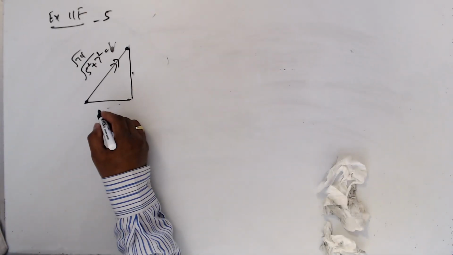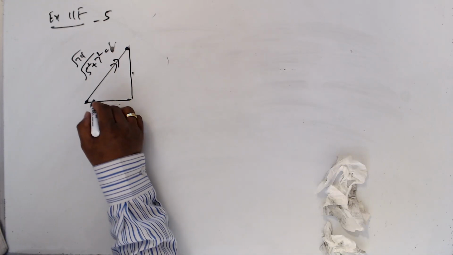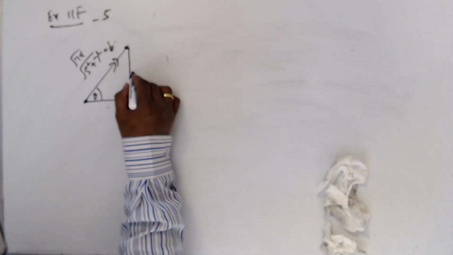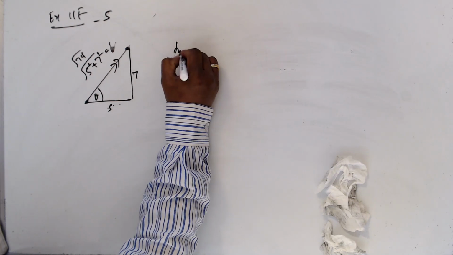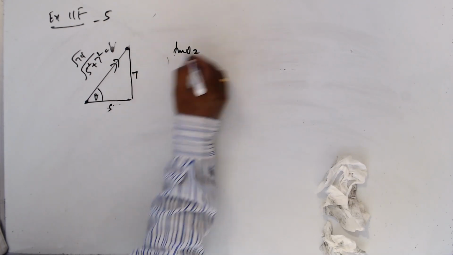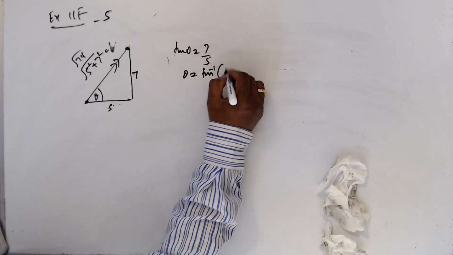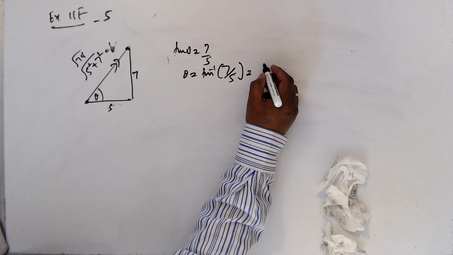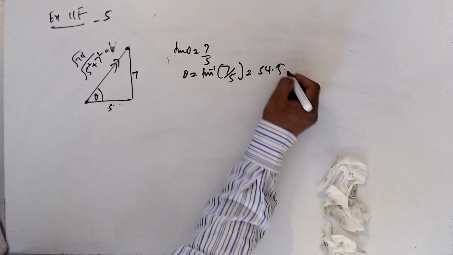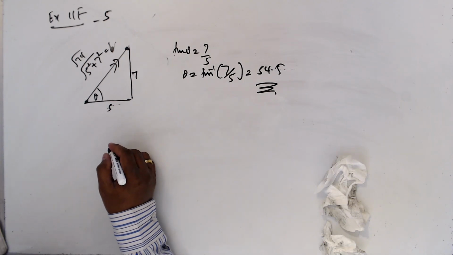Actually, the first question is to find the angle. So this is theta, this is 7, and this is 5. So tan theta is 7 over 5. Theta equals tan inverse 7 over 5, which is 54.5. Now the other one, find the force.